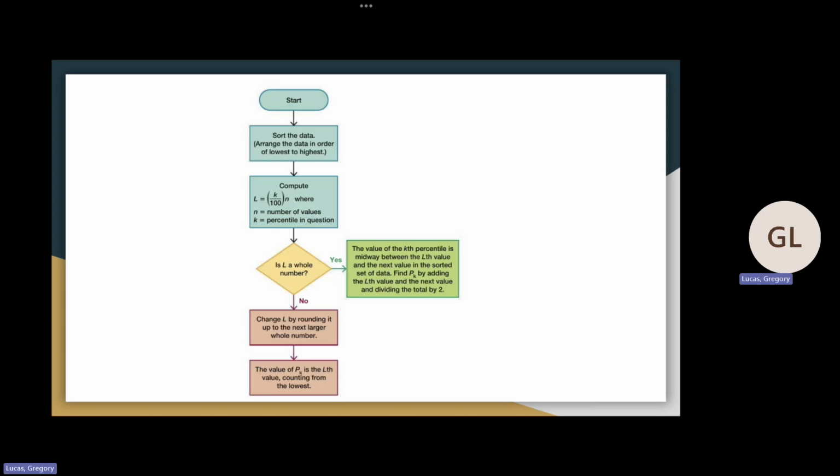And then we have to ask ourselves a question. Is L a whole number? If yes, the value of the kth percentile is midway between the Lth value and the next value in the sorted set of data. So we can find P sub K by adding the Lth value and the next value and dividing the total by 2.